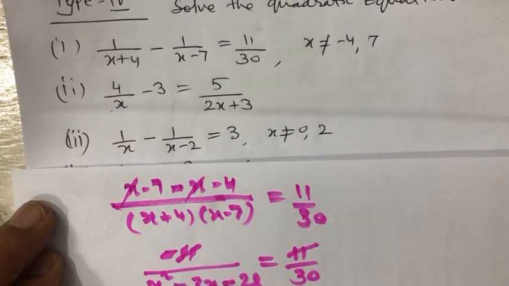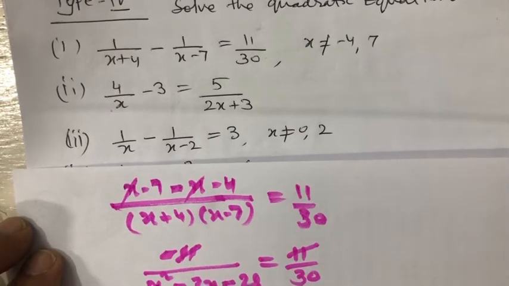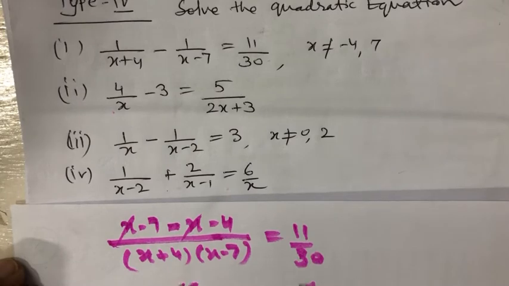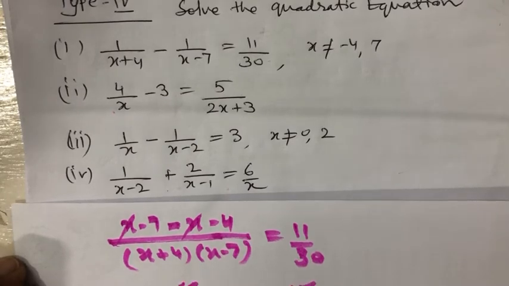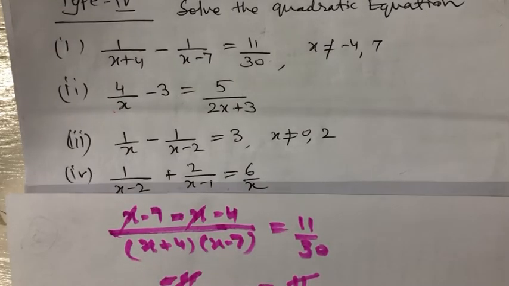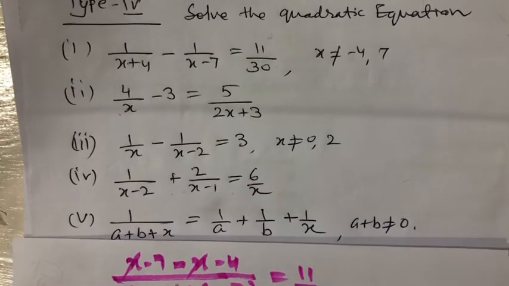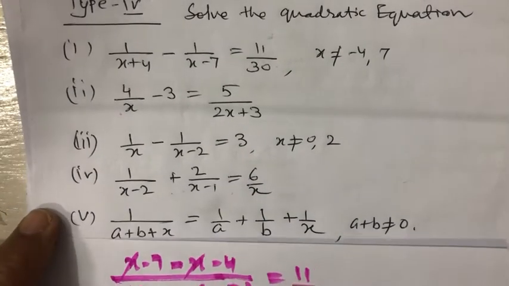You can solve in your practice copy once again. And then one more question for practice, 1 upon x minus 2 plus 2 upon x minus 1 equals 6 by x. These all are the same type of questions where we have to take the LCM. And the last is the important question from the previous year's board paper.